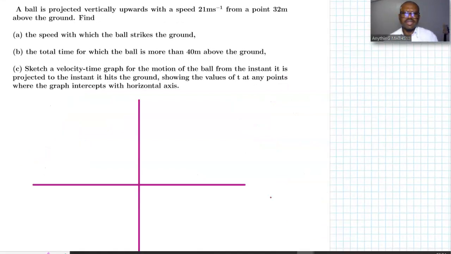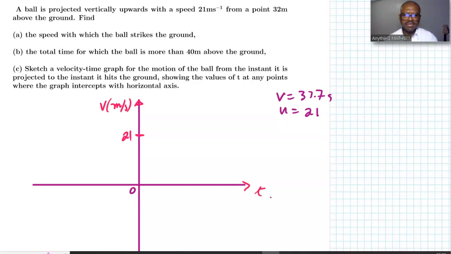From our previous calculation, we know that the final velocity is 32.7 meters per second and the initial velocity is 21. But the initial velocity goes up, the final velocity comes down. So to indicate that, imagine this is 21. There is a velocity, in meters per second, and you have time of x.